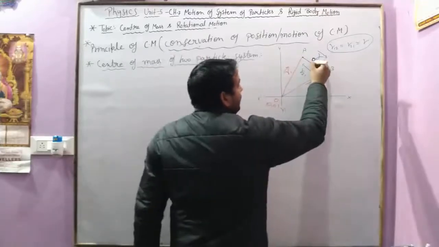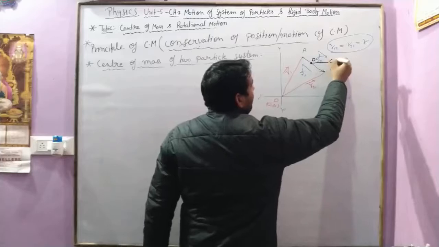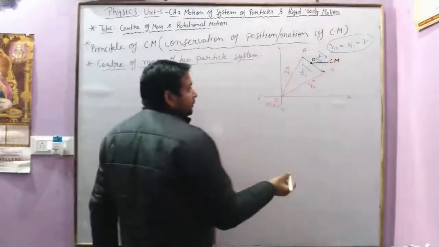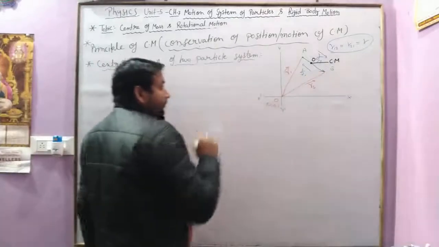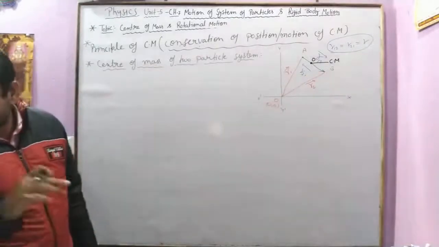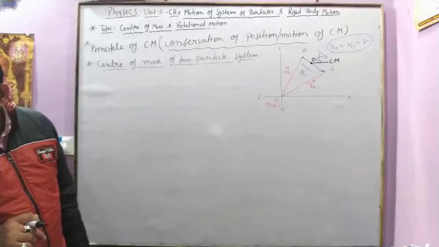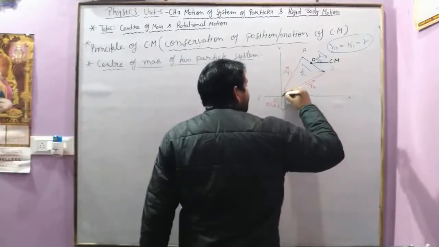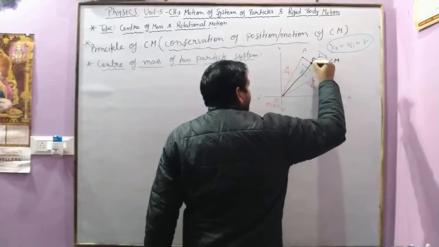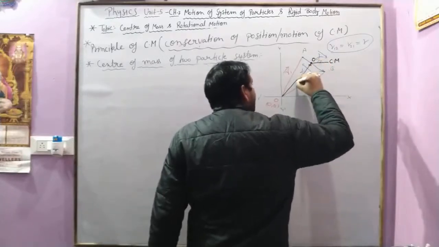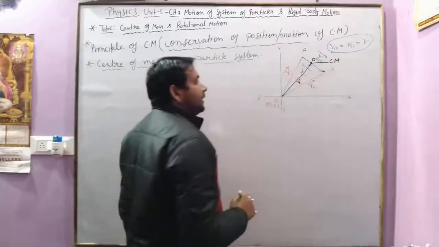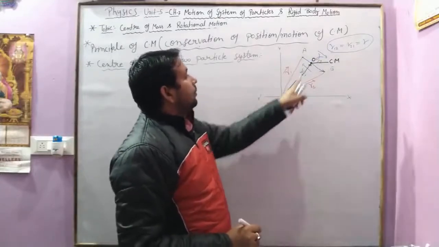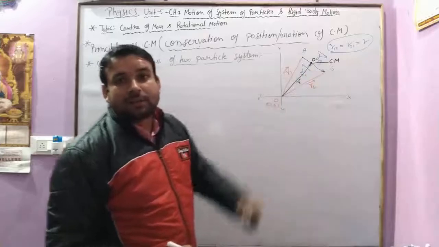Therefore this point is called the point of center of mass. By joining this, we get the resultant radius from O to the center of mass as R.